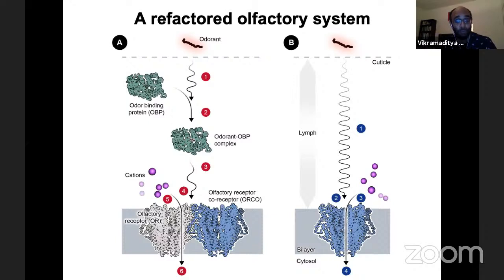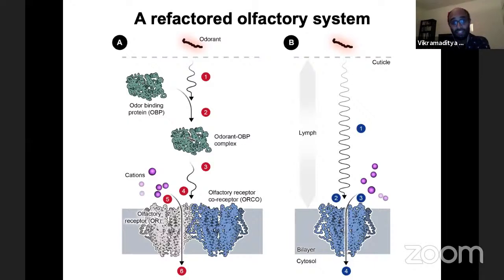And what happens is once OBP binds to this complex, it activates the complex, thereby converting it into a cation channel, and cations are then able to diffuse through that membrane. They're transported into the neurons. That thereby leads to membrane hyperpolarization, and then it triggers downstream olfactory systems that then allow the mosquito to understand what the odor is and then go and bite the host.